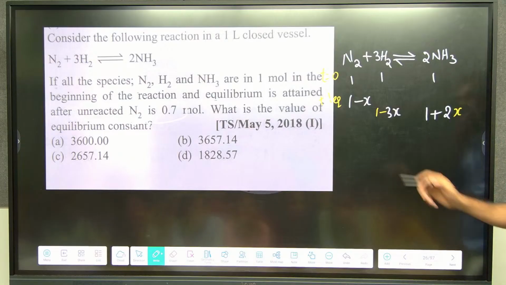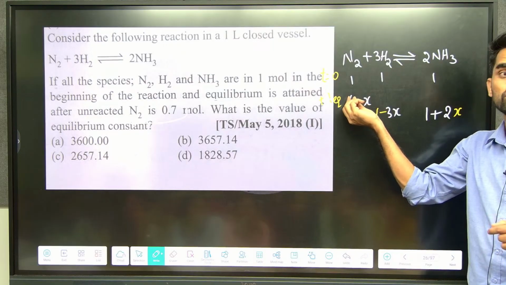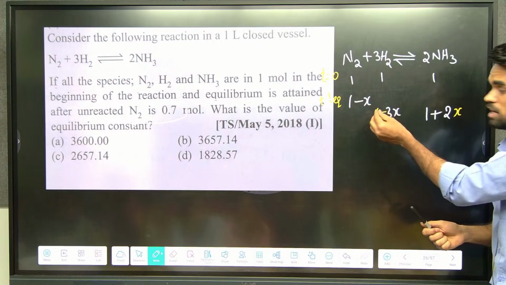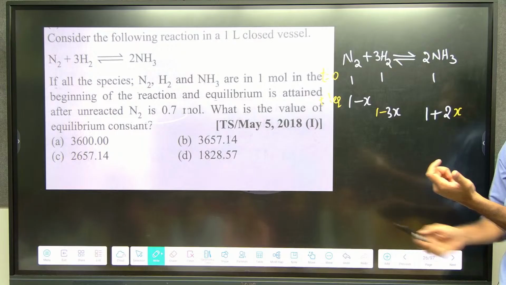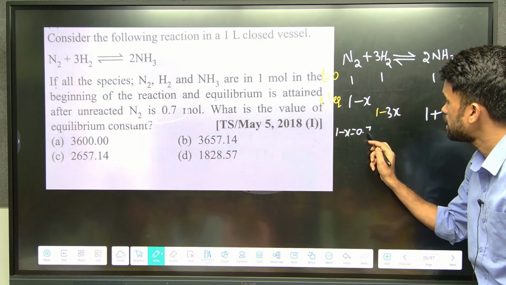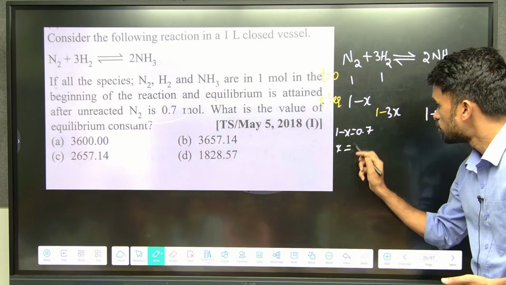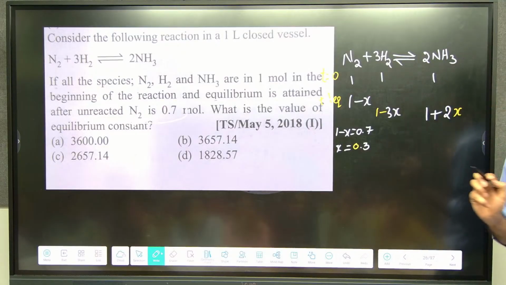So now see, 1 minus x is nothing but, how much was there before? Initially there was 1. From the 1 we took away a little, that is, x amount is converted. How much is remaining? So 1 minus x equals 0.7. So now x equals 1 minus 0.7, that is 0.3. Everyone clear or not?